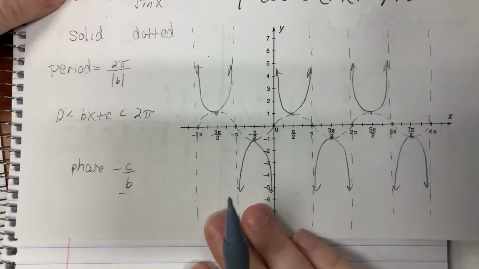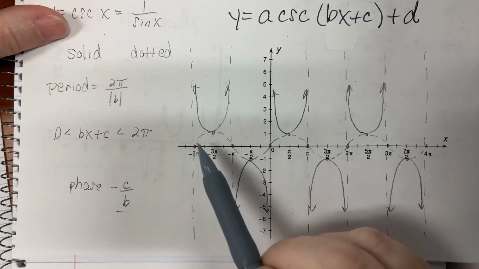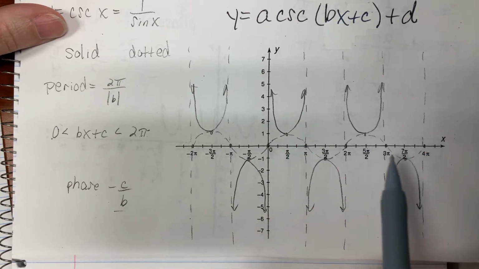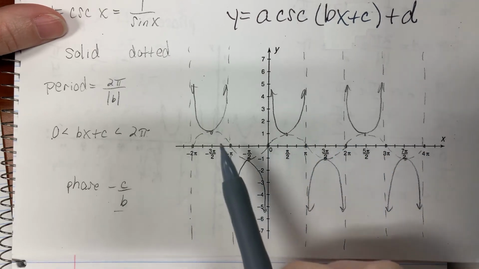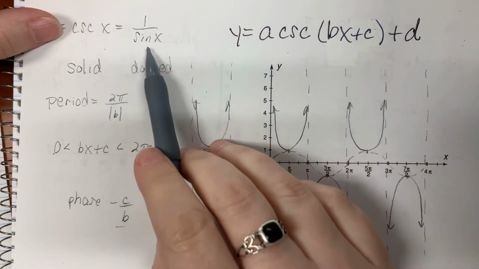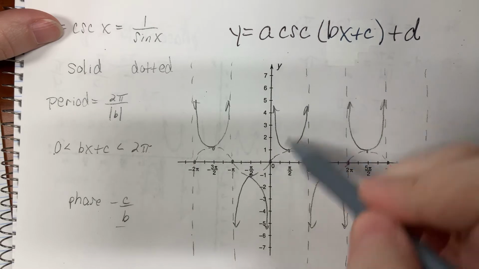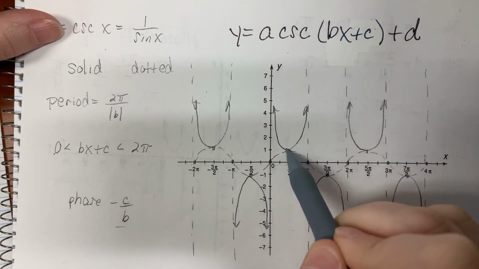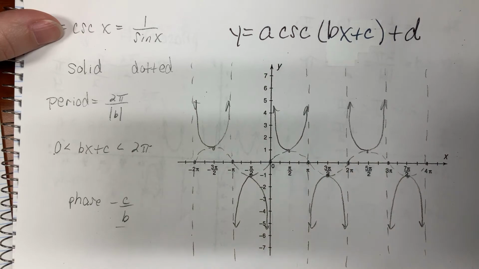So this dashed line is your sine curve, okay? So let's pretend like that is a graph of just sine of x. Your cosecant, which is 1 over sine, is these parabolas above and below those. So it kind of connects to those points, but it's always above and below it.